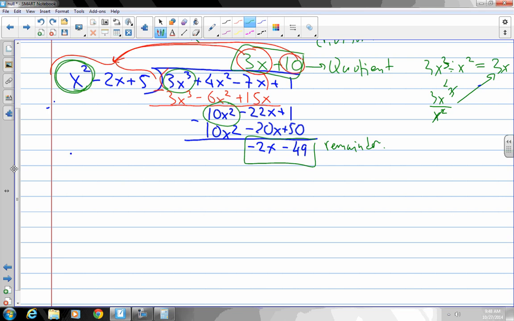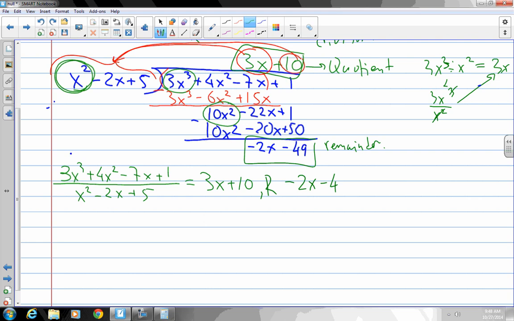So basically this tells me that 3x cubed plus 4x squared minus 7x plus 1, divided by x squared minus 2x plus 5, that's dividend over divisor, equals the quotient, which is 3x plus 10. That's the quotient. And then the remainder is negative 2x minus 49.